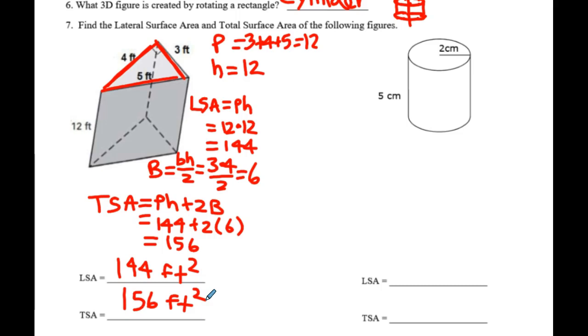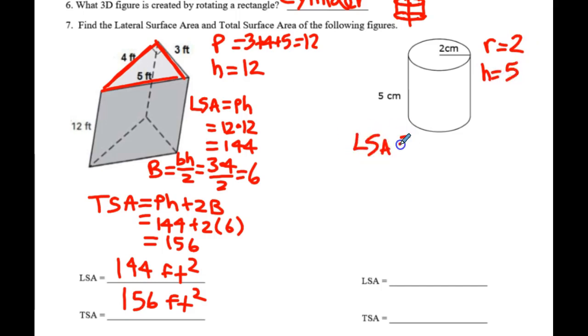Over here, we're doing a cylinder. For a cylinder, I need to know R, I need to know H. And we know R is 2, and we know H is 5. So this will be easy.